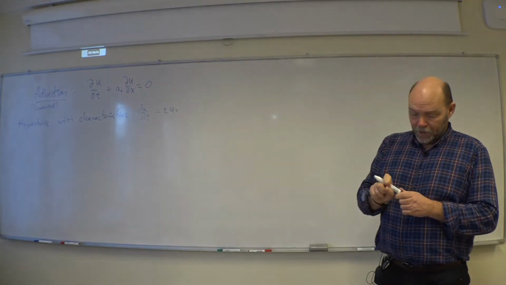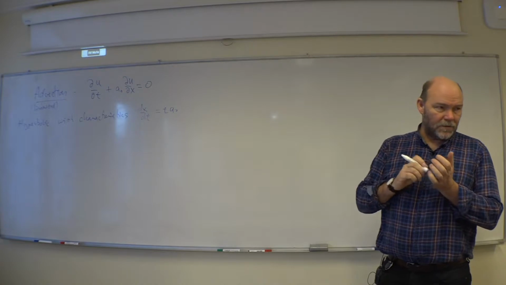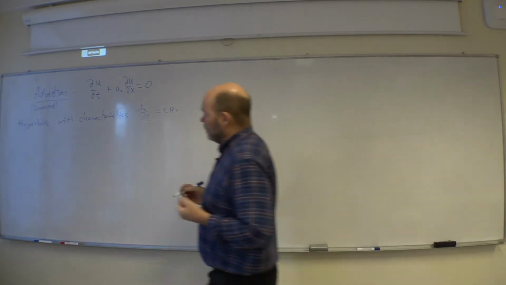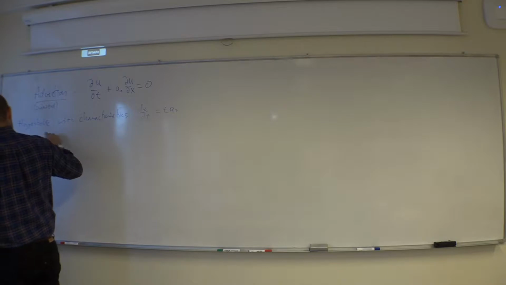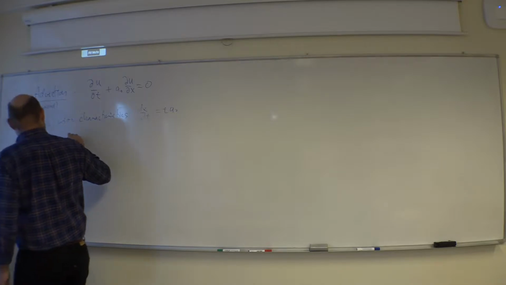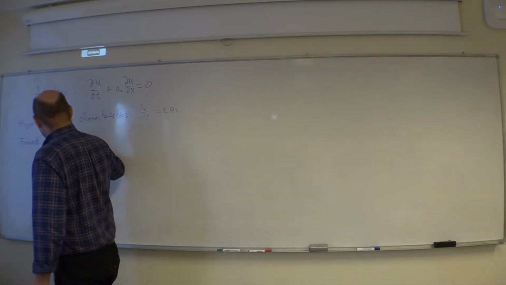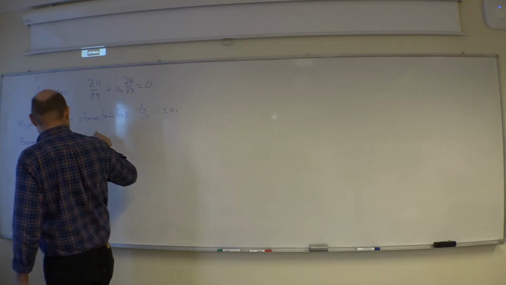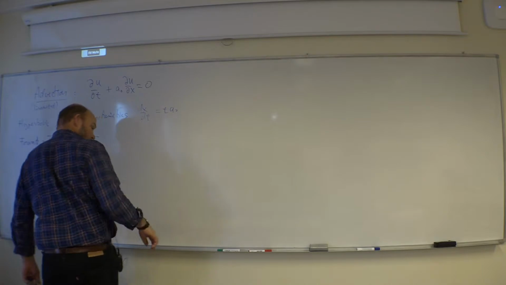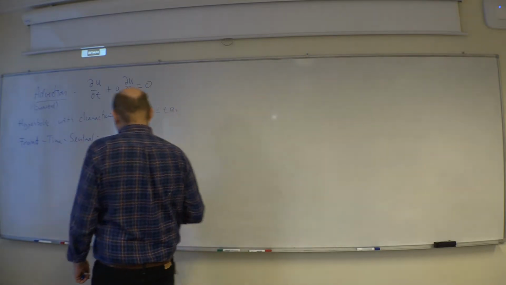You write down an FTCS scheme. This is where you start. FTCS: forward time, central space.